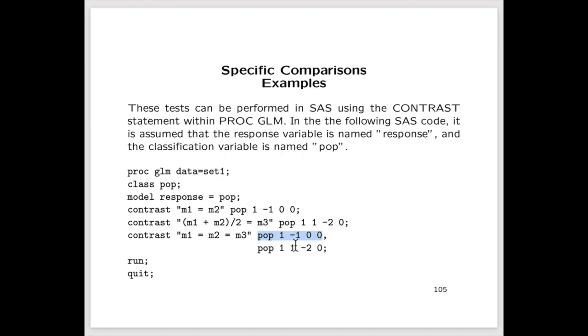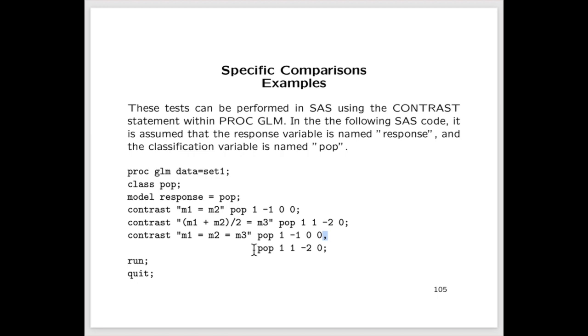I'm using this set of coefficients, and then I've got the other set of coefficients. Notice before each set of coefficients I have to have the variable on the right-hand side of the model statement, the classification variable pop, and that these two sets of contrast coefficients are separated by a comma.